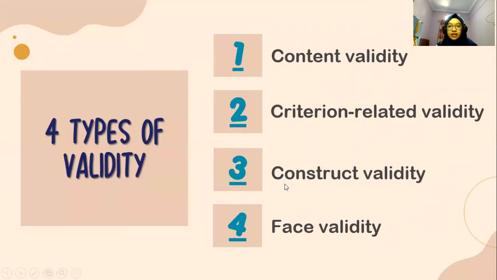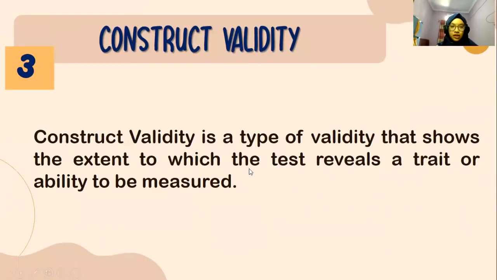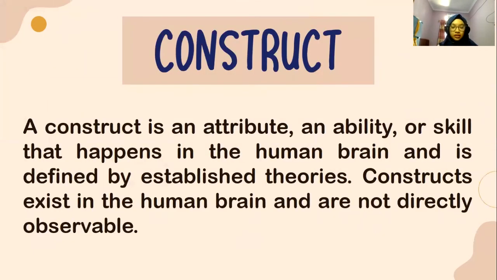And the next one is construct validity. Construct validity is a type of validity that shows the extent to which the test reveals a trait or ability to be measured. The word construct refers to an attribute, an ability, or skills that happen in the human brain and is defined by established theories. Constructs exist in the human brain and are not directly observable.